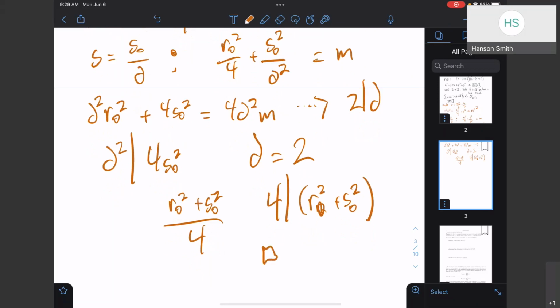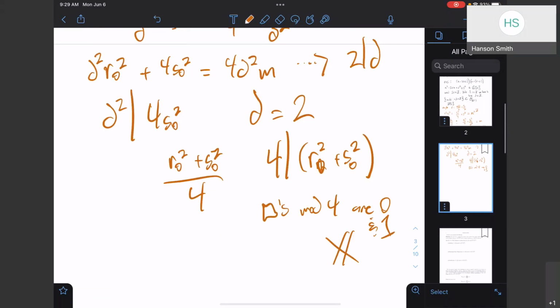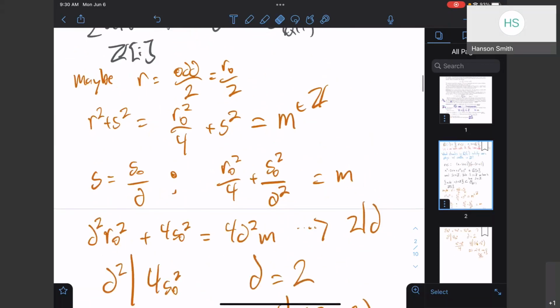So the squares mod 4 are 0 and 1. These are odd numbers. I'm in trouble. So I need 4 to divide 1 plus 1. Doesn't work out. Anyway, that was a long convoluted journey to find that if r is half an odd integer, we can't find a monic polynomial with integer coefficients for which r plus si is a root.